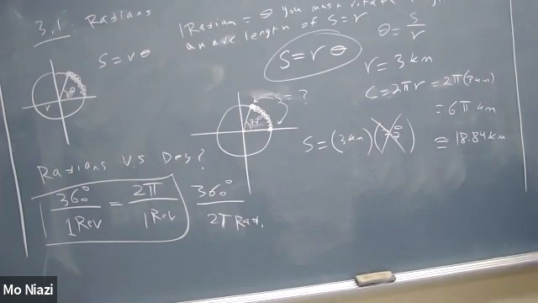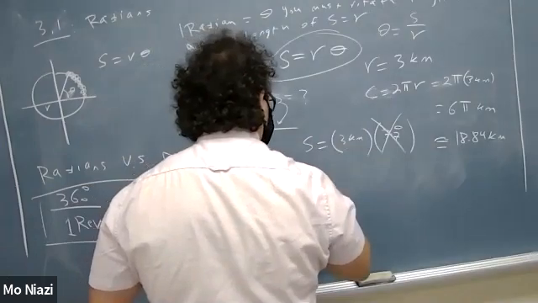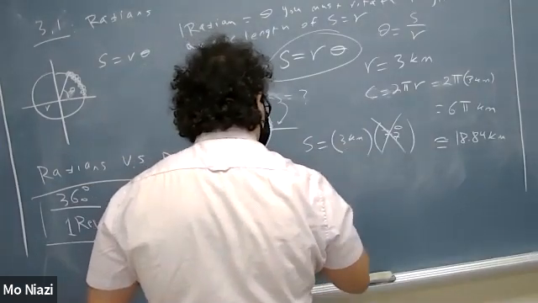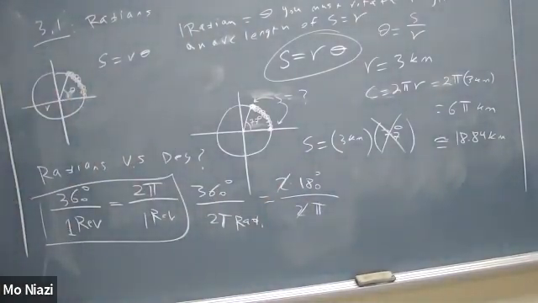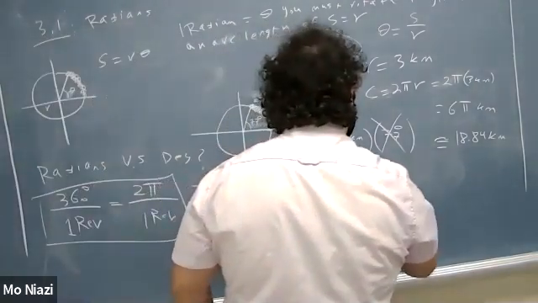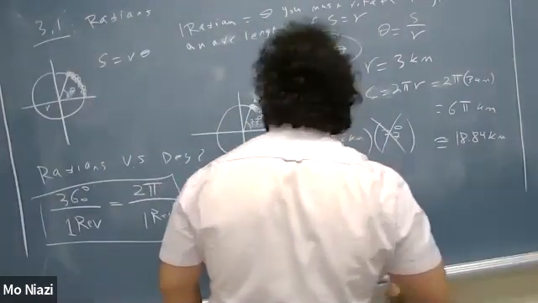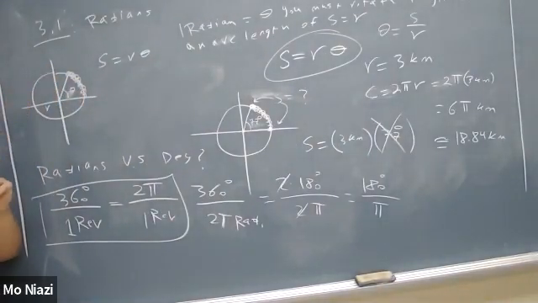So notice that 360 is really like 2 times 180, right? So I can cancel the 2's out, and all that remains in the denominator is pi. So an equivalent formulation is that for every 180 degrees, you get pi radians. So when you move a half circle, you've moved pi radians.